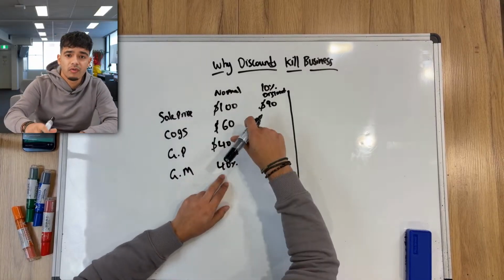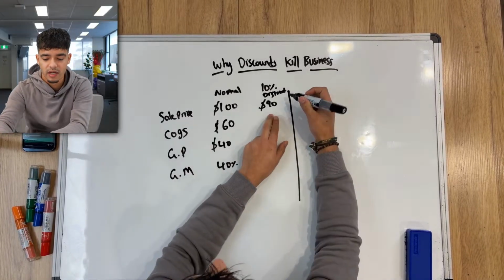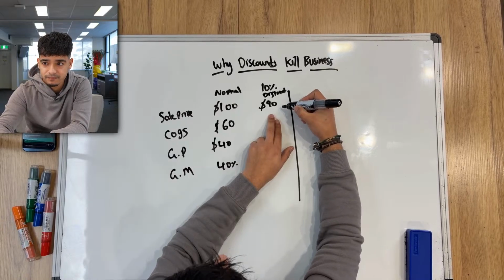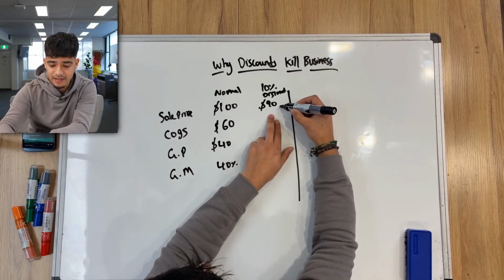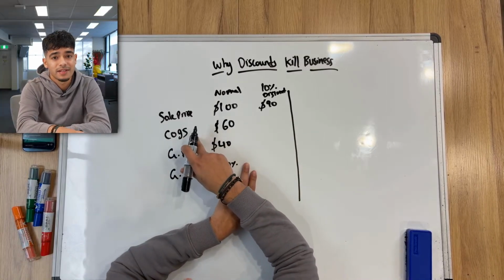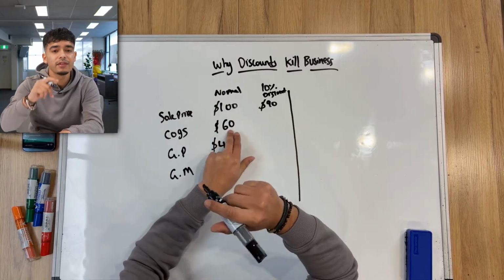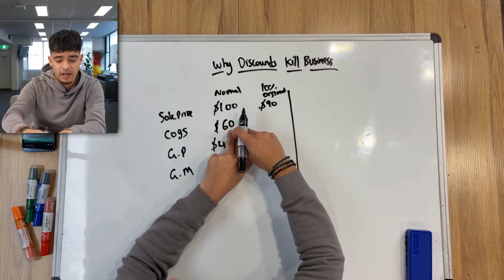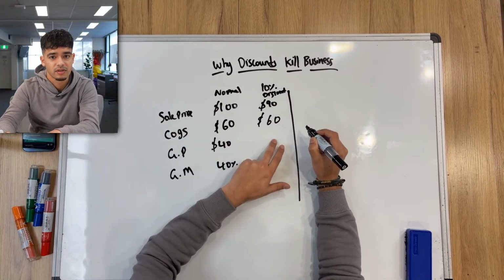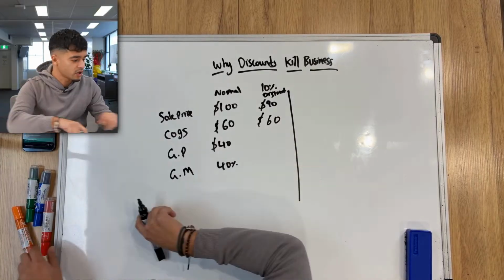Where did it go wrong when you discounted? Let's take a look. So you discounted your price by 10% to $90. However, your cost of goods or services delivered is still $60. Even though you have discounted your customer, it still costs you $60 to deliver the service. So nothing has changed. But this is where things will start to change now.